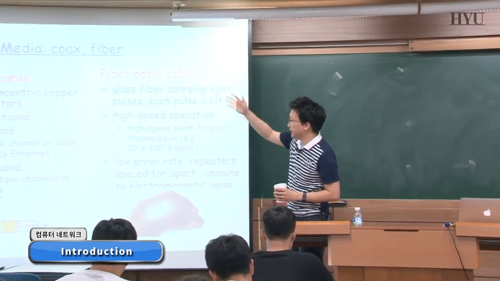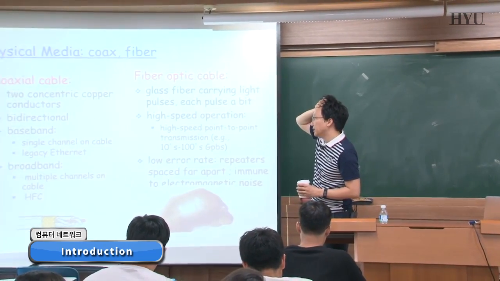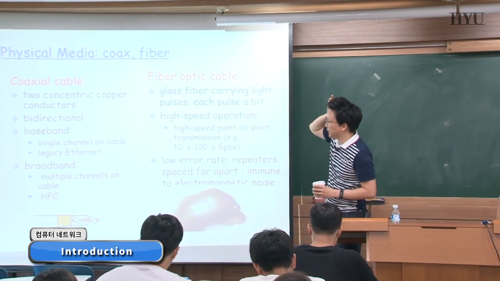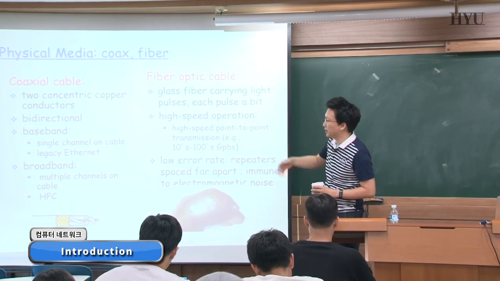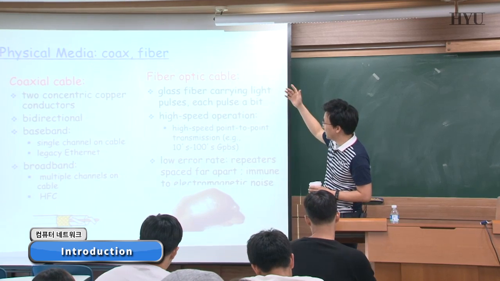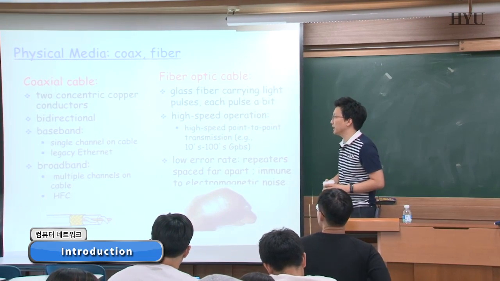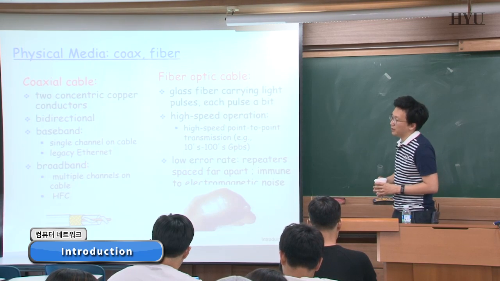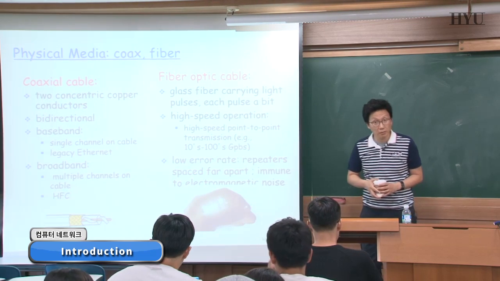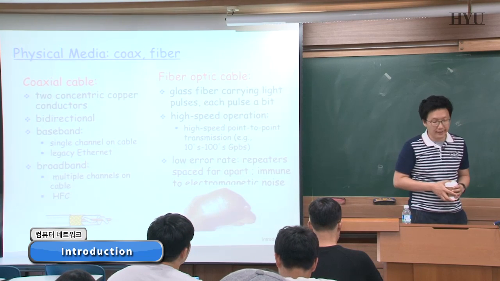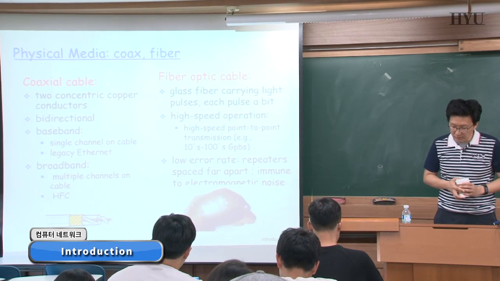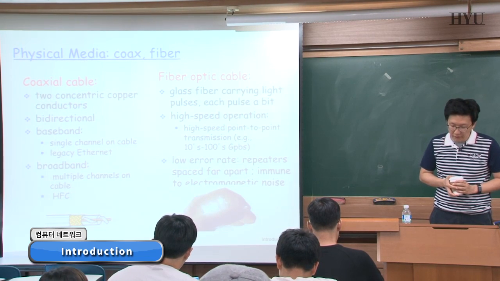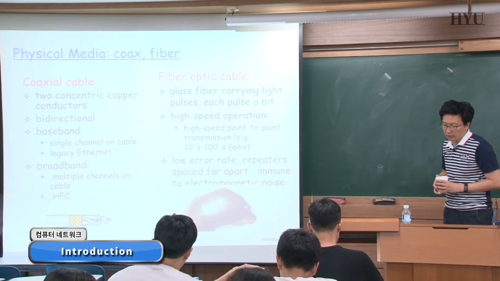Coaxial cable is like the old cables, like the cable provider's internet. And fiber optics is glass fiber carrying light pulses, each pulse 8 bits, easily up to 10 to 100 gigabits per second, obviously faster, with a low error ratio.